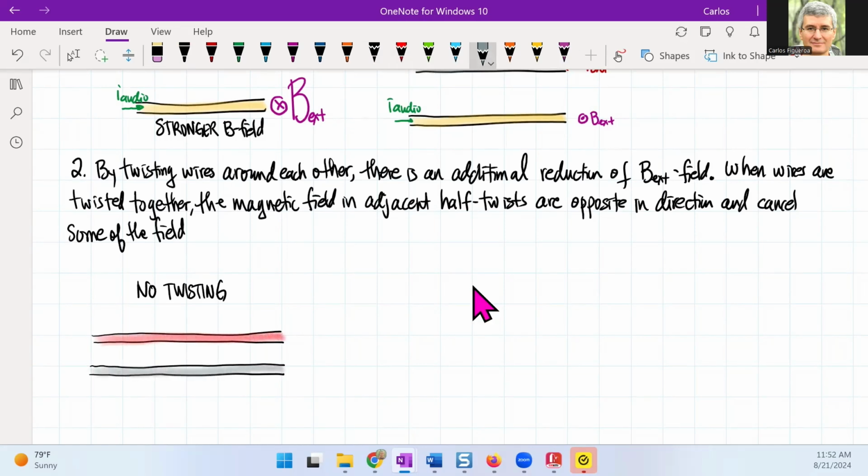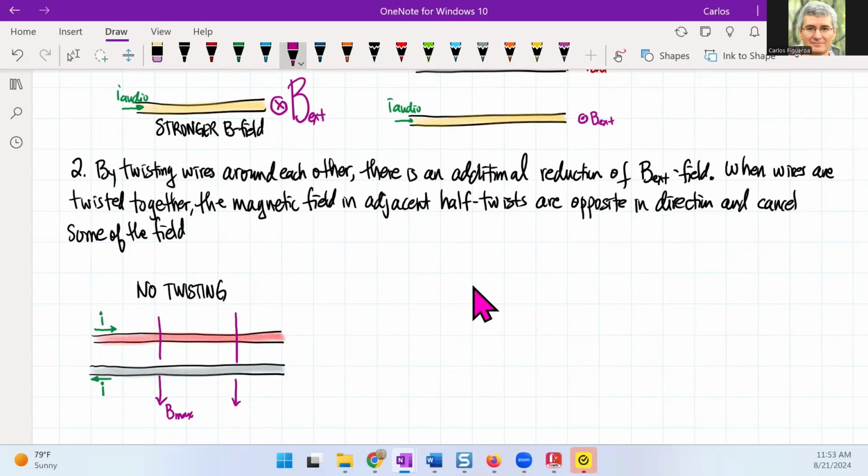When I'm looking at my currents, I'm seeing that this current is going in that direction, whereas this current is going in this direction. The strongest magnetic field is actually in between the wires, right? This is where I get the fields that add up. So now we're keeping everything really close together.